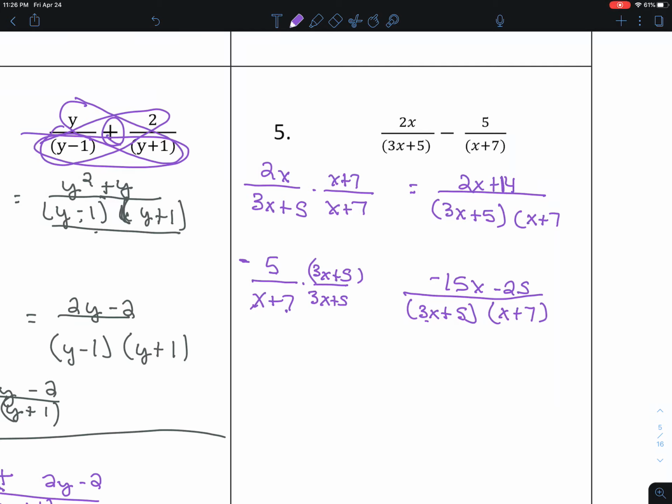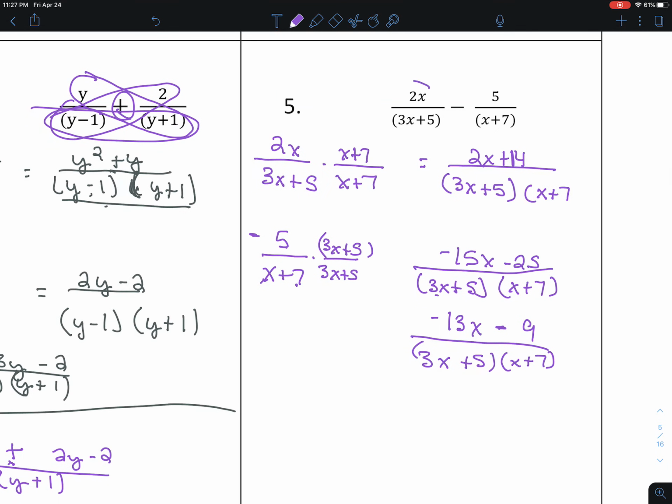Combining like terms, I get 2x minus 15x, which is negative 13x, and then negative 25 plus 14, is that negative 9? And that would be over 3x plus 5, x plus 7.